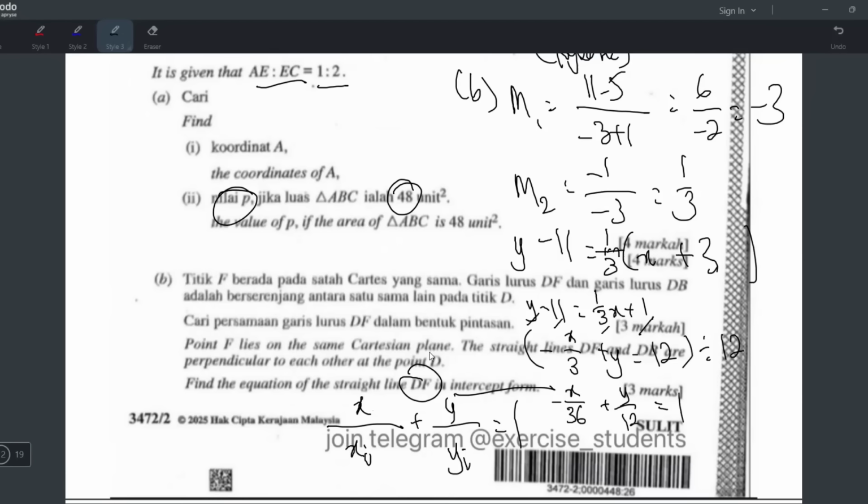So the negative, I recommend you write it at the bottom like that in a bracket, and then plus y over 12 equals 1 like that. Yeah, so like that is good. So you can see clearly the x-intercept is negative 36, the y-intercept is 12. Alright, let me use red color because I'm afraid you can't see. Yeah, so this is the answer. Okay, alright, I think I did everything correctly.